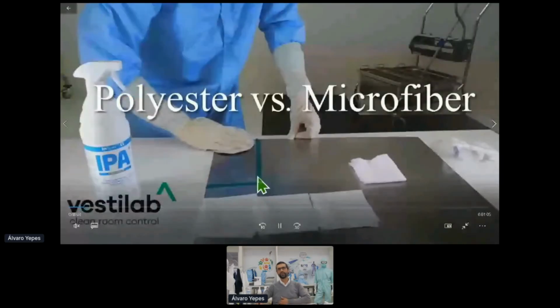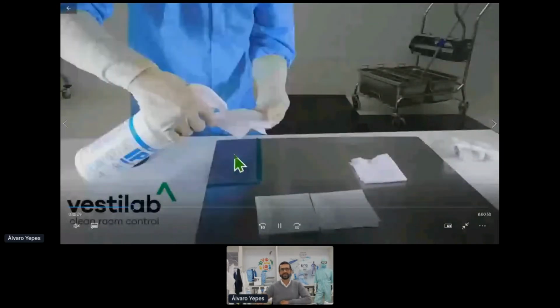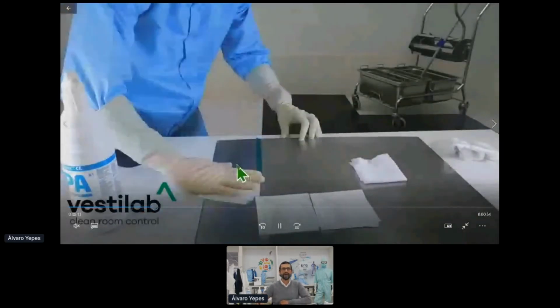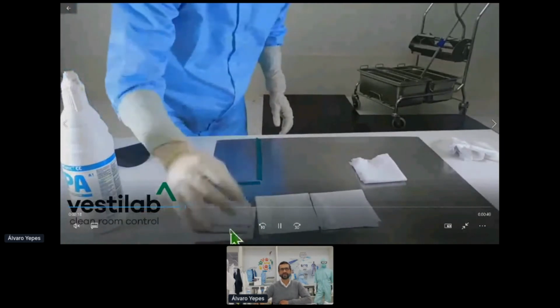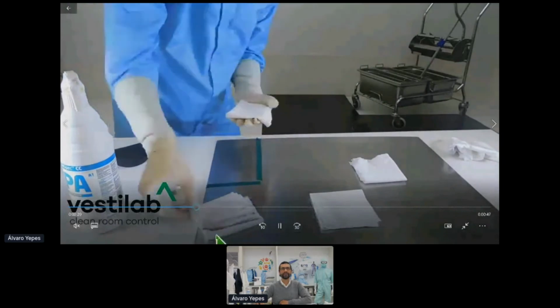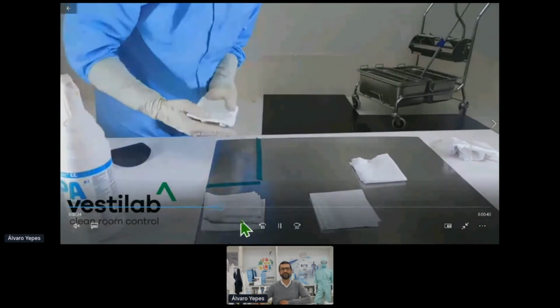In this slide, we're using a stainless steel plate, and with a silicon carbide material, we create some particles just by abrasion. So these are stainless steel particles, and we simulate a multi-pass wiping. First pass of a polyester wipe, we take all of this contamination, clearly visible.